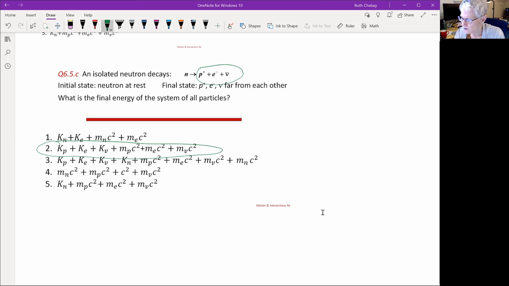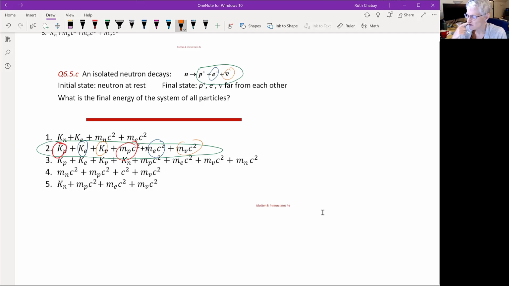We just have to make sure we've accounted for all the particles. So we've got a proton: here's the kinetic energy of the proton and the rest energy of the proton. We have an electron: the kinetic energy and rest energy of the electron. And the neutrino: the kinetic energy and rest energy of the neutrino.